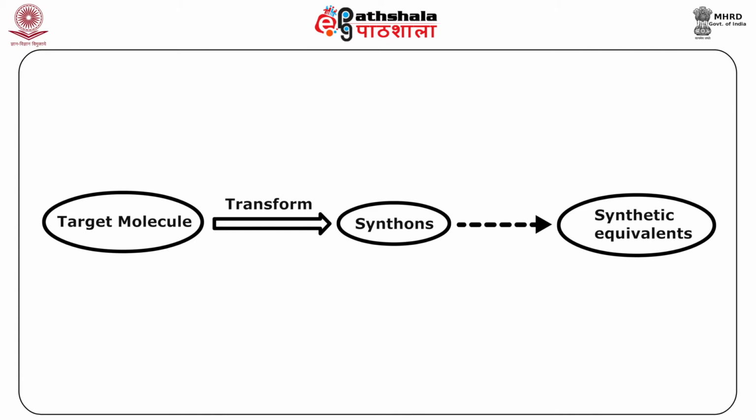Corresponding to each of these synthons you have to think of synthetic equivalents. And when you carry out the reaction starting from these synthetic equivalents in the appropriate conditions and reagents, you mix them and get the target molecule back.